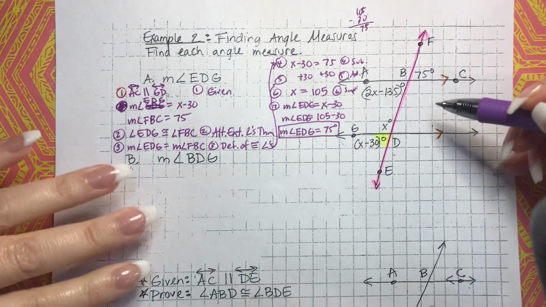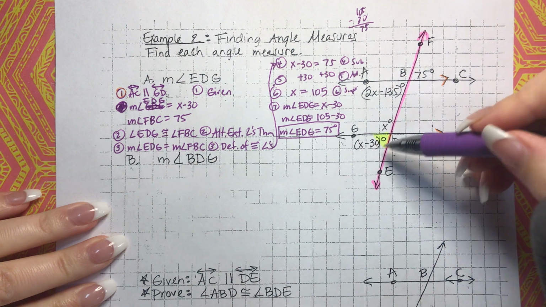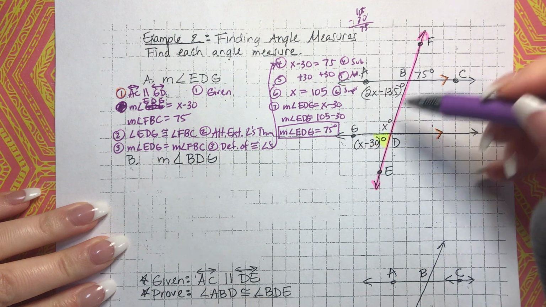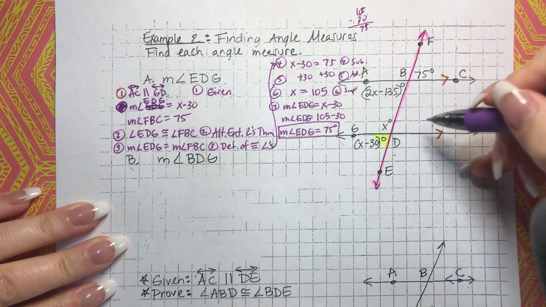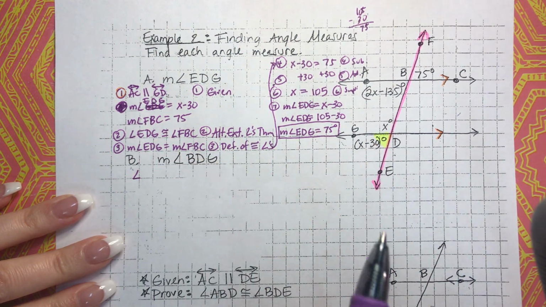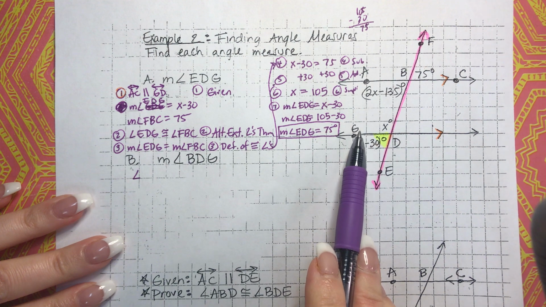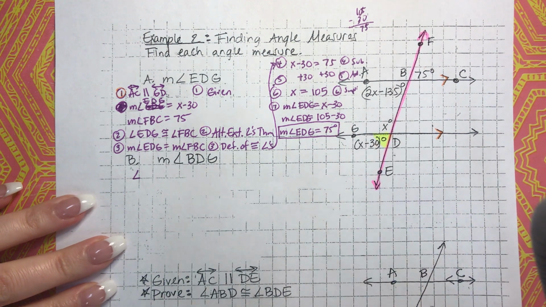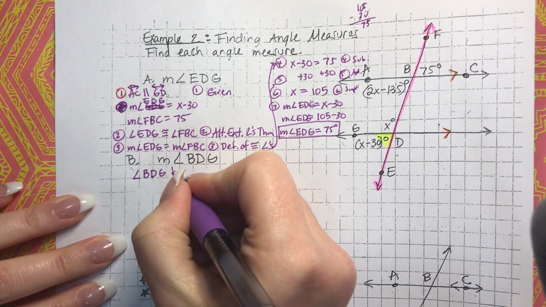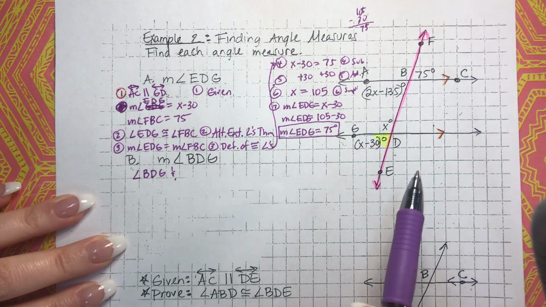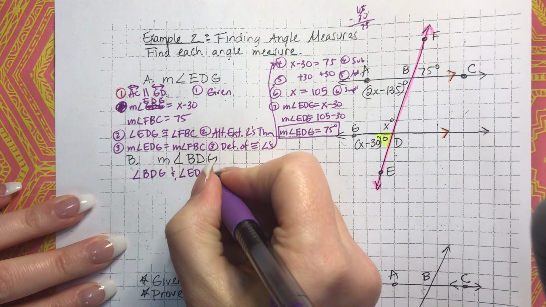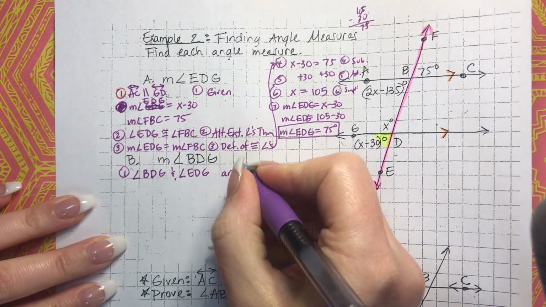Okay, so what I know is that angle BDG and angle EDG are supplementary, right?